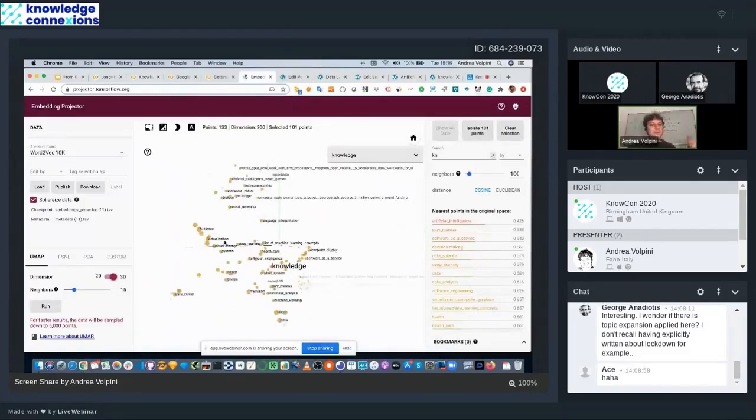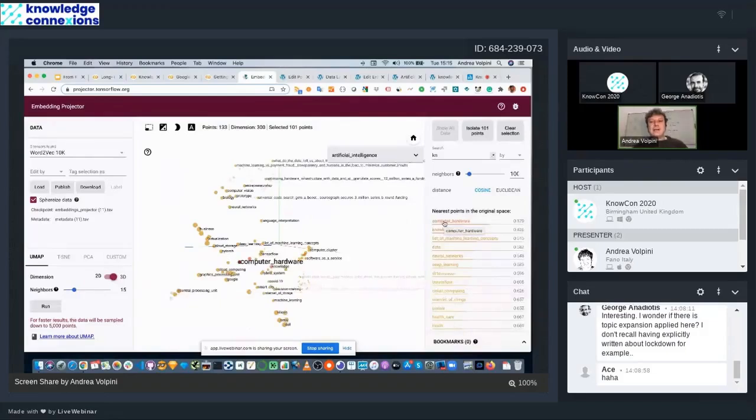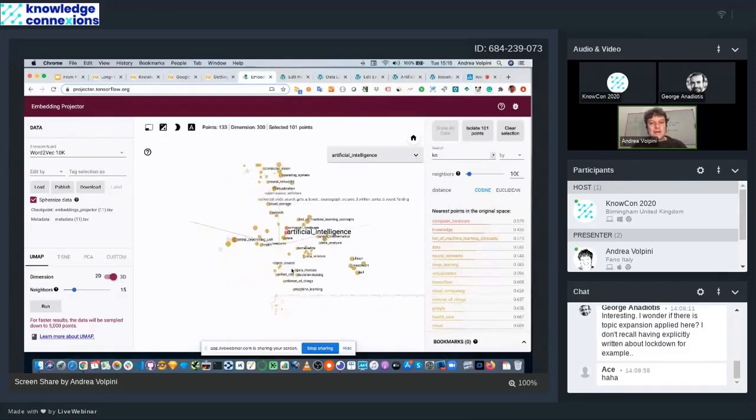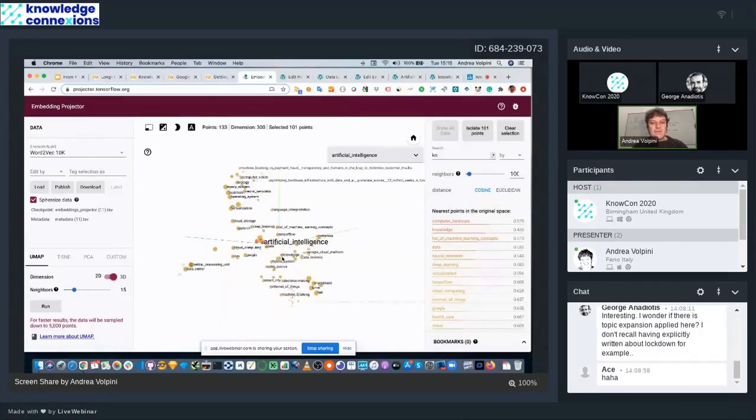So here, we can point to a concept that can be, for instance, artificial intelligence in this case. And it's at the center of other concepts that are related and close.